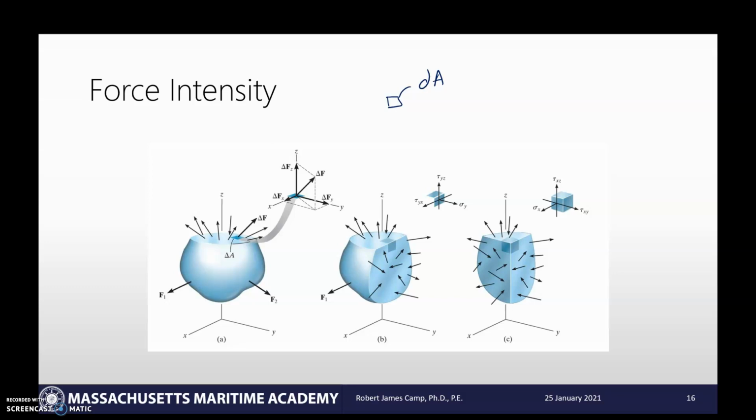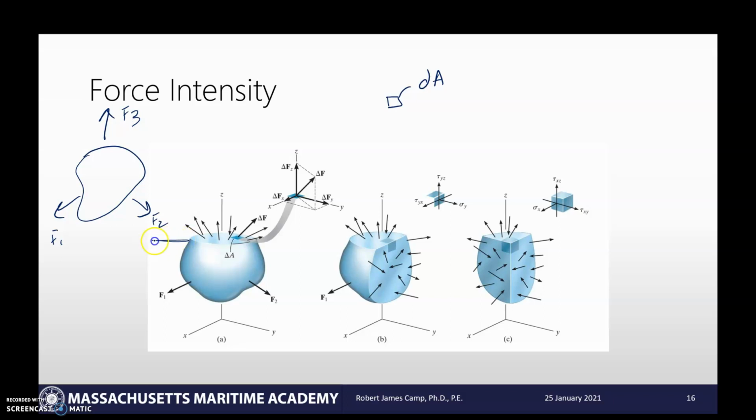Now, as I'm looking at this here, I've got three pictures labeled A, B, and C. And so basically what this is I've got this chunk of stuff. I'm applying 3 external forces to it, and a 3. And I want to start taking a look at what the stress distribution is.